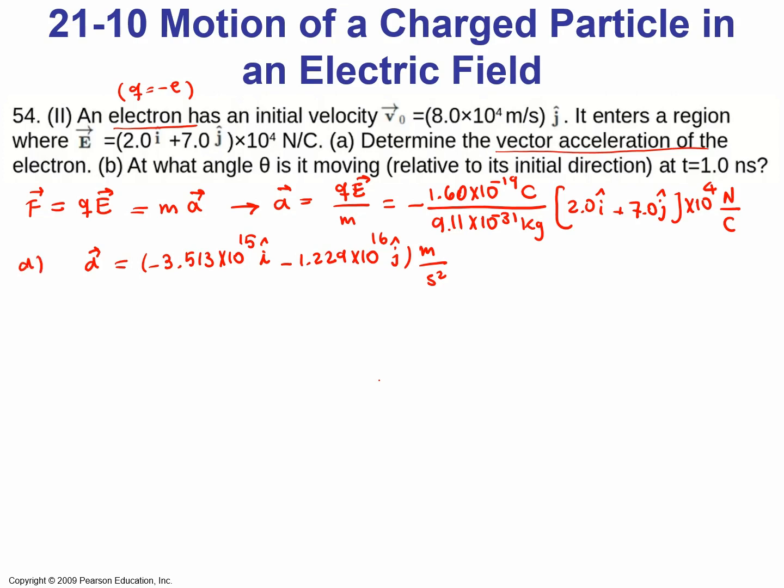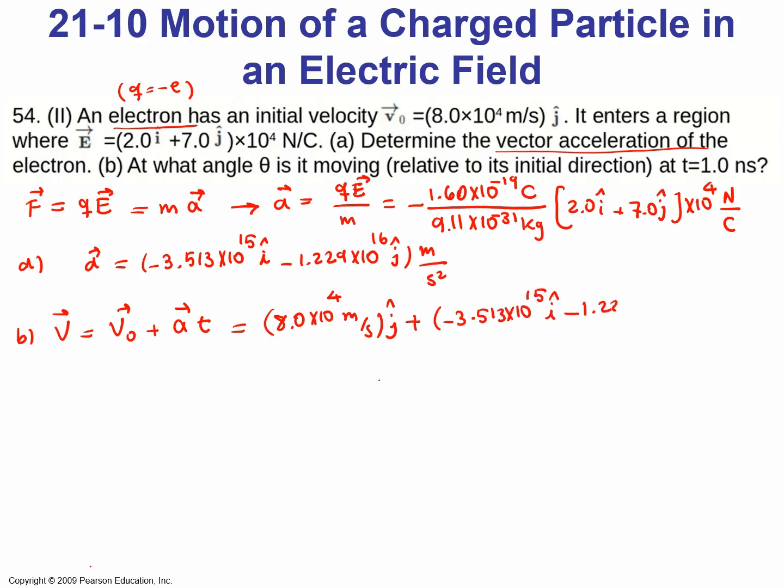It's for part A. Part B asks for the angle theta that the particle is going to be moving at after 1 nanosecond. So we should solve this from the kinematic equations. Velocity v is going to be initial velocity plus acceleration times t. The initial velocity is 8 times 10 to the power 4 meters per second j hat plus minus 3.513 times 10 to the power 15 i hat minus 1.229 times 10 to the power 16 j hat, and this is meters per second squared.